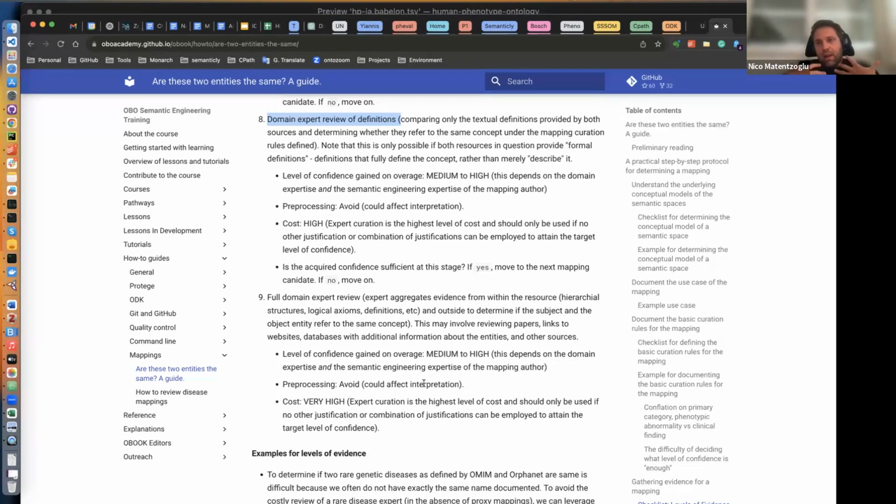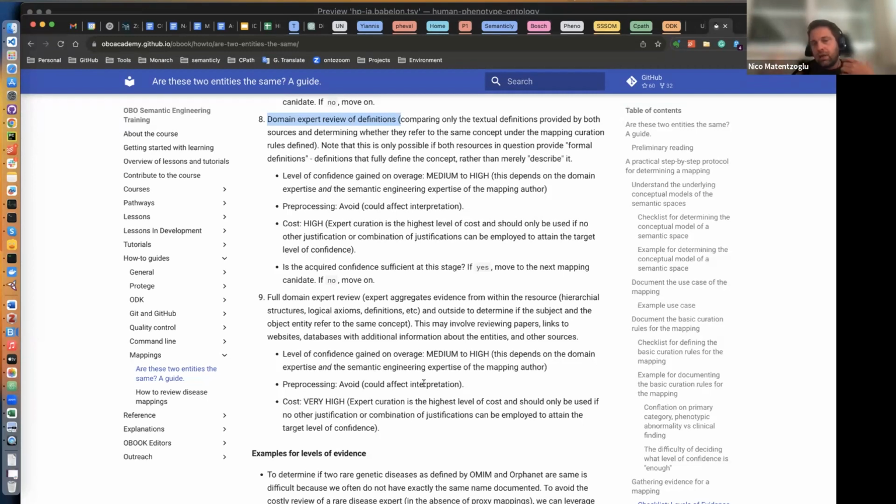From my perspective, at least, I've seen a bunch of human expert reviews. There's also a huge risk that if they are not very well trained in semantic mapping, they're actually worse than algorithms, because they just don't have a sense of what exactly we mean by an exact match or a broad match or a narrow match. So it is a very, very hard choice here.